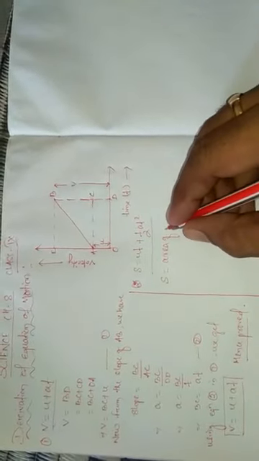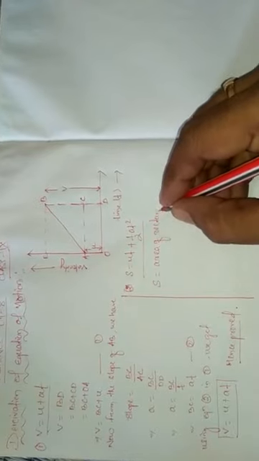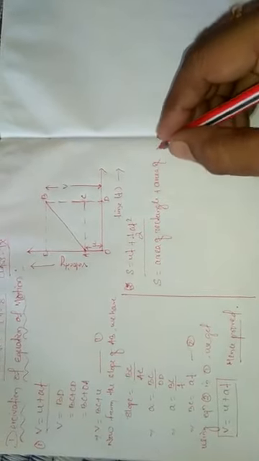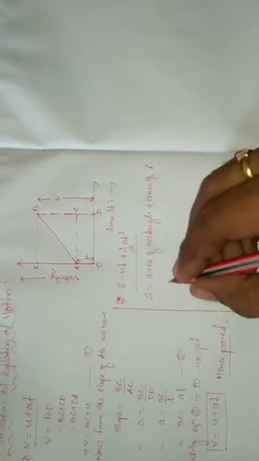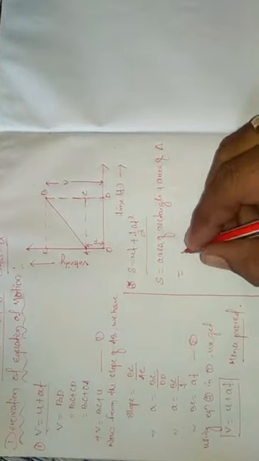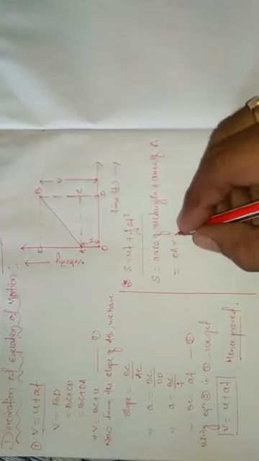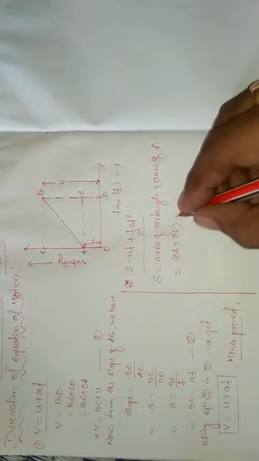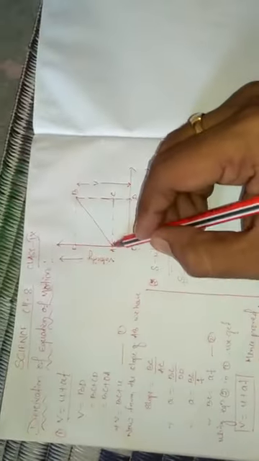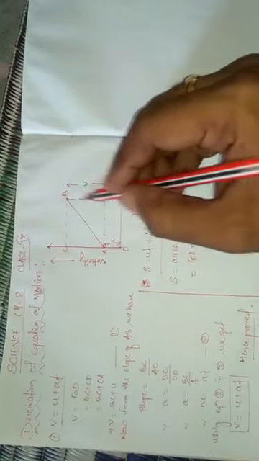Now s equals area of rectangle plus area of triangle. The area of the rectangle is OA into OD, plus the area of the triangle, which means half of the area of the rectangle AEBC.